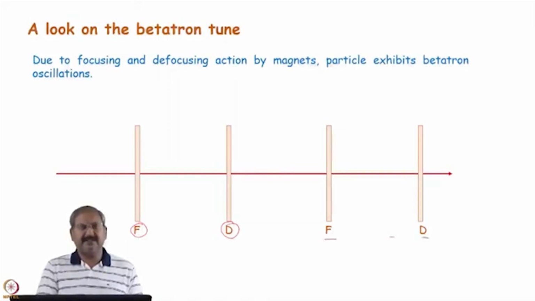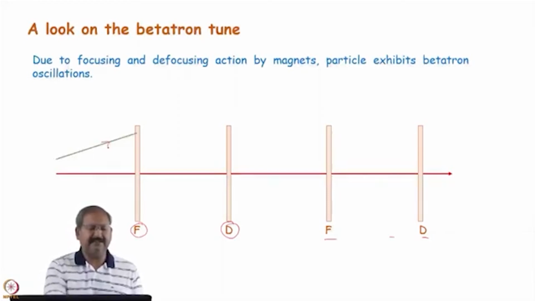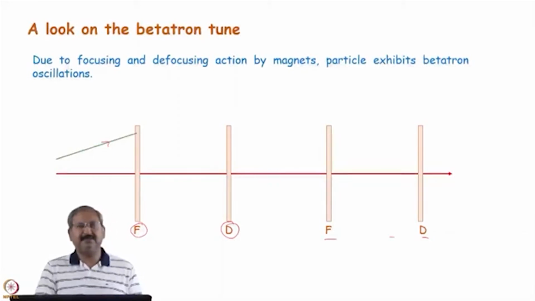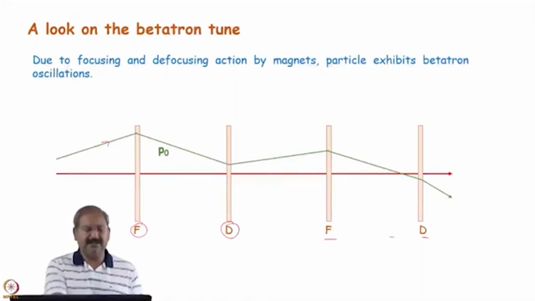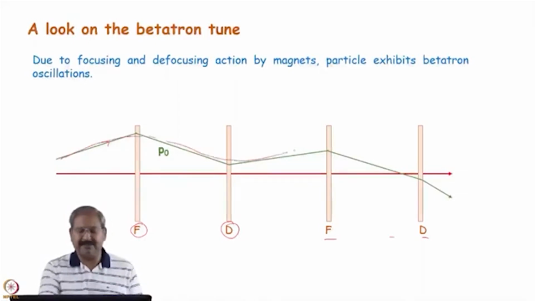If a trajectory of a particle enters this optics like this, the focusing quadrupole will send this trajectory towards the design trajectory, and then defocusing will send it away, and again the focusing quadrupole will send it towards the design trajectory, and again defocusing will send it away. In this fashion, this particle exhibits Betatron oscillations. These are Betatron oscillations of this particle.